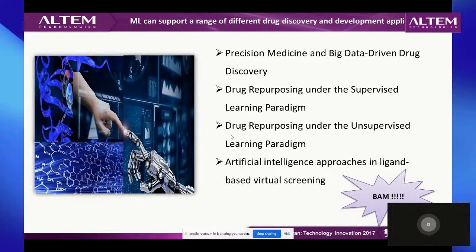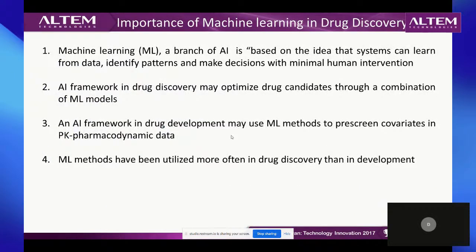Moreover, these artificial intelligence approaches in ligand-based virtual screening in Discovery Studio will help you screen lakhs and lakhs of molecules under various physiological conditions. Then you need to know the importance of machine learning in drug discovery.